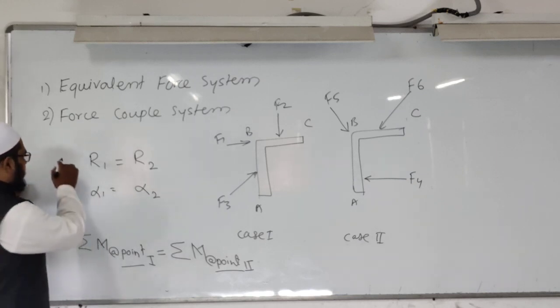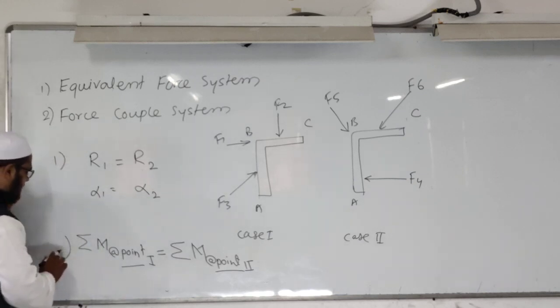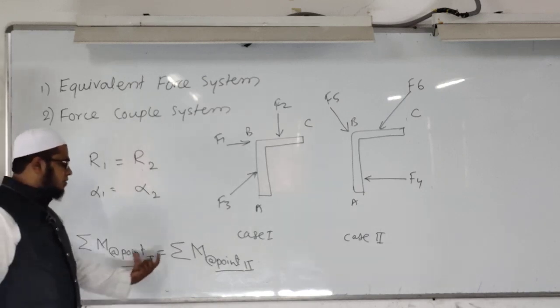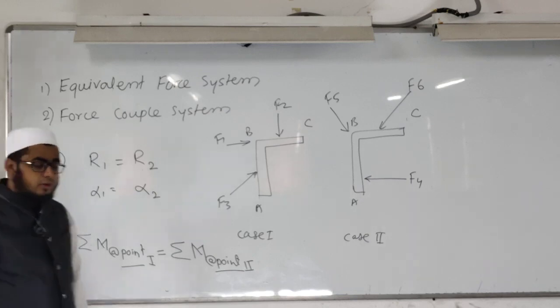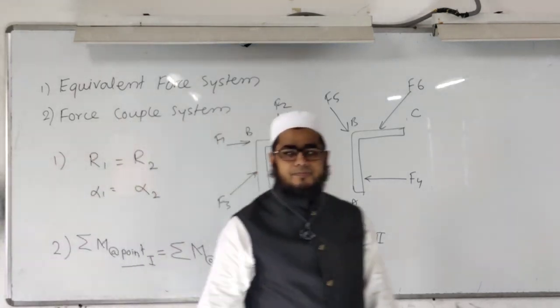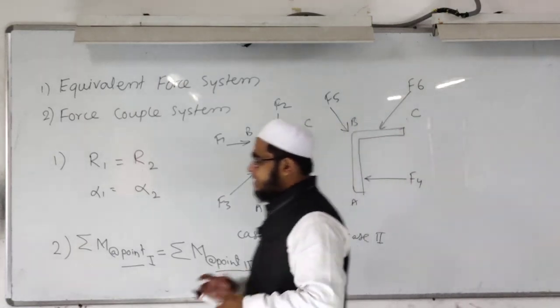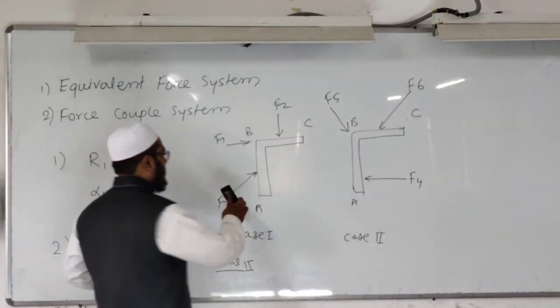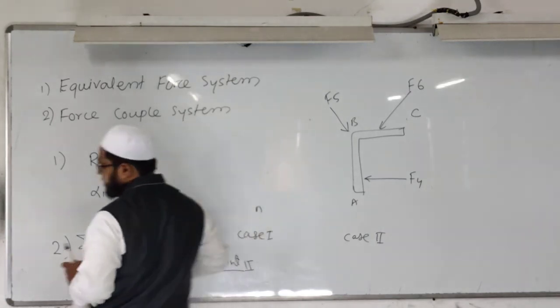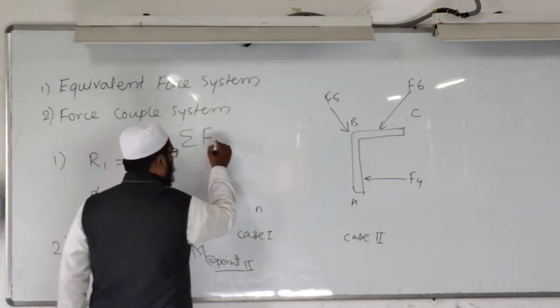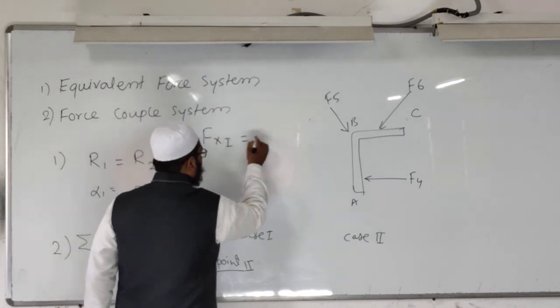Actually we have only two conditions, R1 equal to R2 and the summation of moment about a point for the first force system must be equal to the summation of moment about that point for the second force system. But we know that summation Fx and summation Fy are the horizontal and vertical components of the force system.